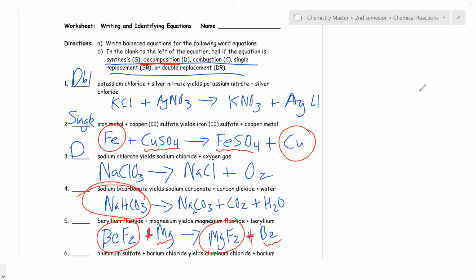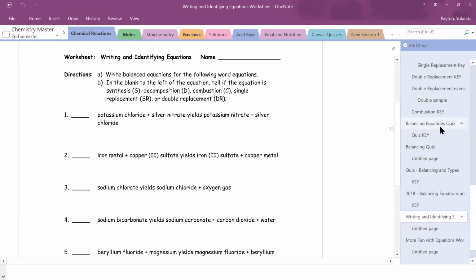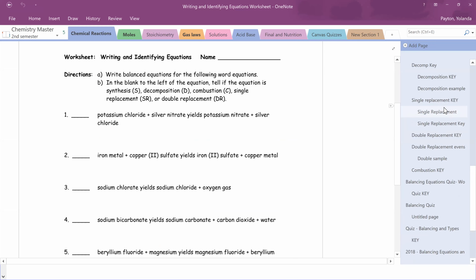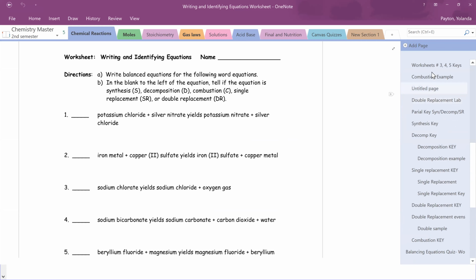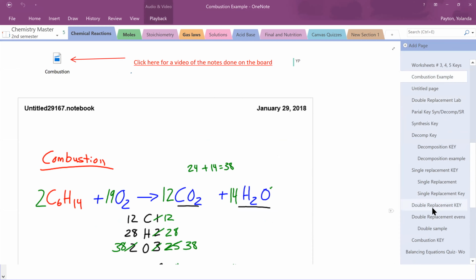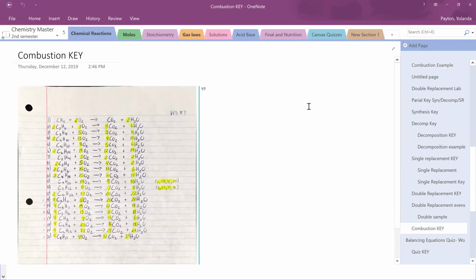Combustion literally, let me show you this and then we'll be done. Combustion literally looks the exact same every single time. Let me show you a set of combustion problems, okay? This is a set of combustion problems. Here's an example of a combustion problem. Here is the key to my combustion problems.